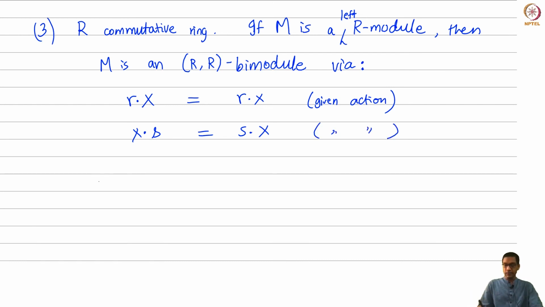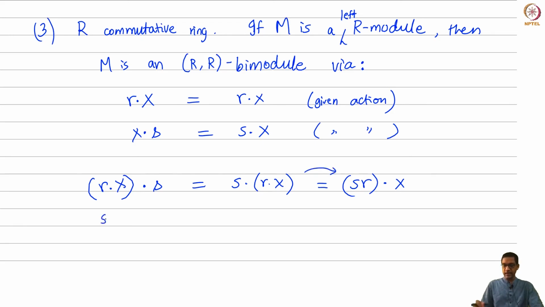Now let's check compatibility. So if I do Rx followed by S, well then by definition this is S acting on Rx, okay, which is by the axiom of the module, right? Because it's an R module, I know this axiom here.